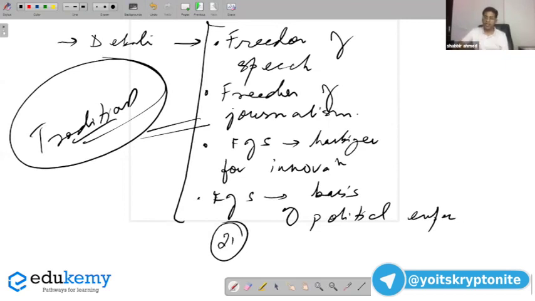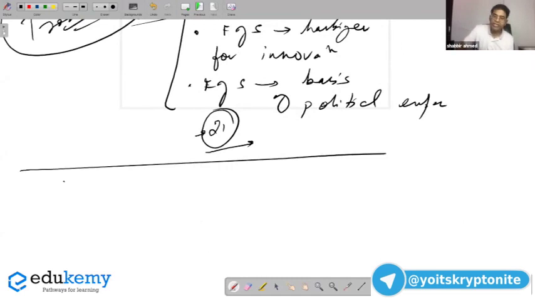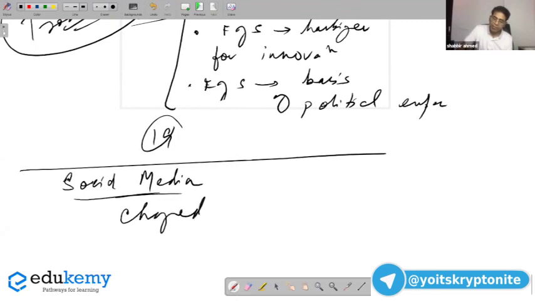It is also enshrined in our freedom for religious beliefs. This was the idea. But social media changes many things. Now, social media has changed many notions.